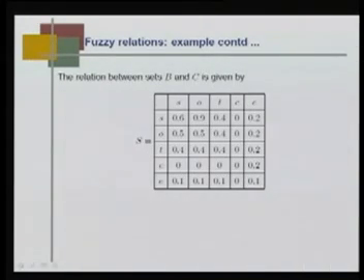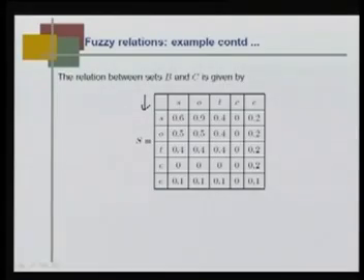Similarly, this is the relationship between B and C. This is set B and this is my set C. Set B is square and set C is the corner.